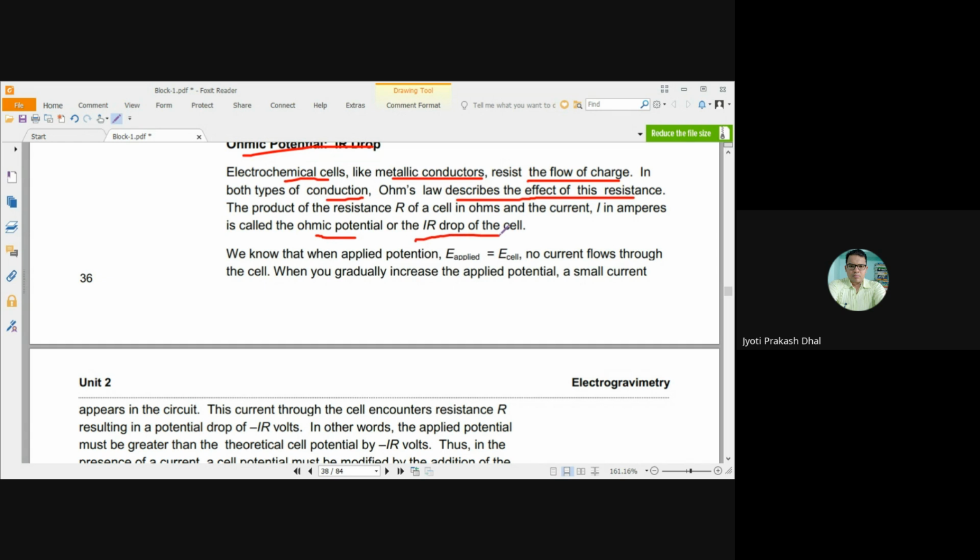So if the resistance of the cell is R, and I amperes of current pass through the cell, then the ohmic potential will be IR. That amount of potential will be dropped, so that's why it is called the IR drop of the cell.